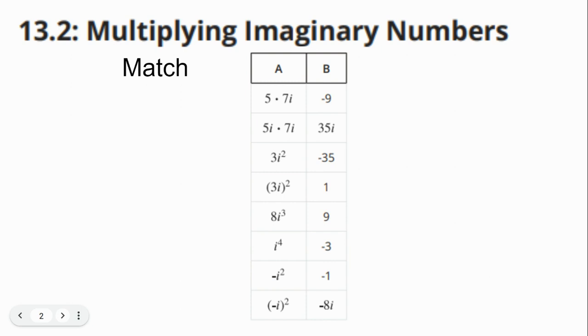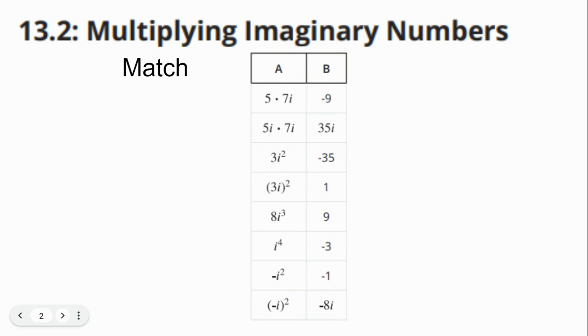All right, i to the third, if you recall, is -i. So I replace i to the third with -i. 8 times -i is -8i. i to the fourth is just +1.